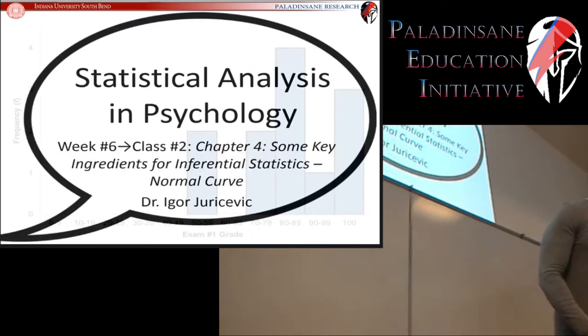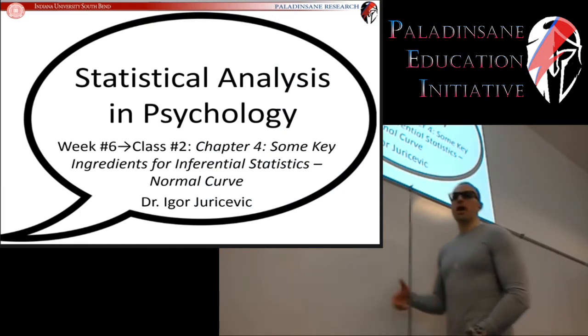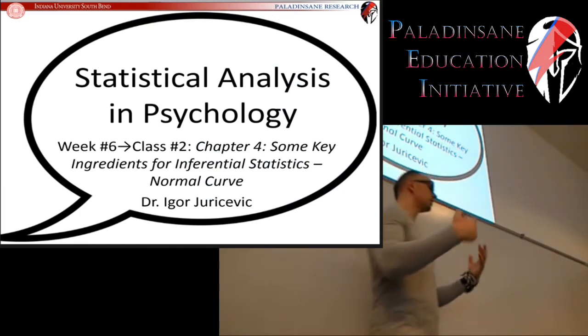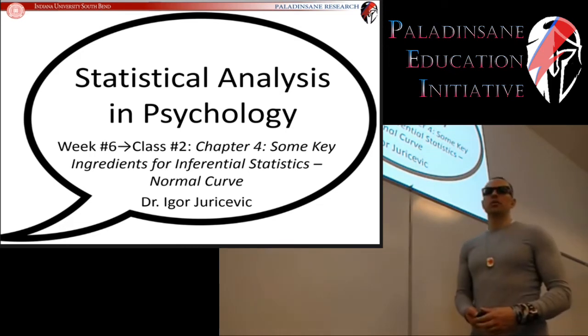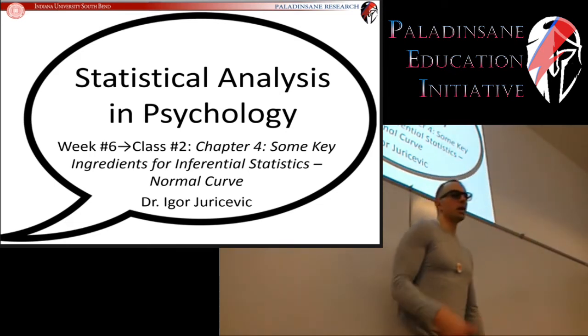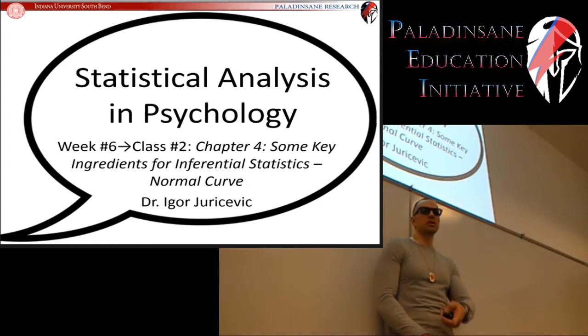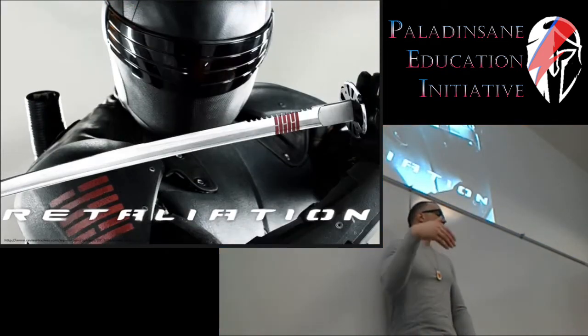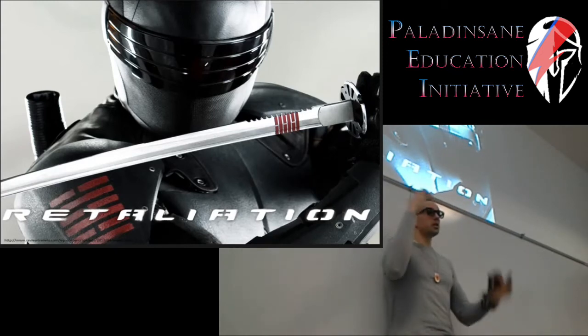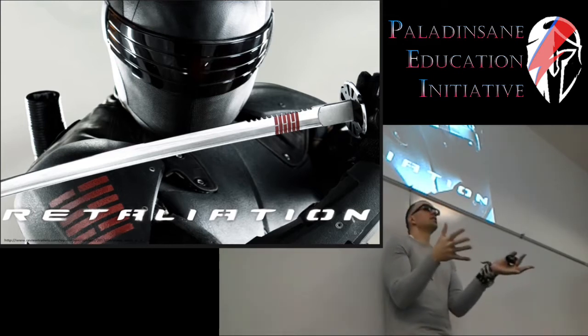All right, so today we're going to wrap up our look at inferential statistics, wrap up our look at the normal curve. And once again, we are getting so close. We've got a couple more steps before we get to the point where we can start taking a look at actual experiments. We're going to visit some key experiments from the history of psychology to see what these psychologists actually did.